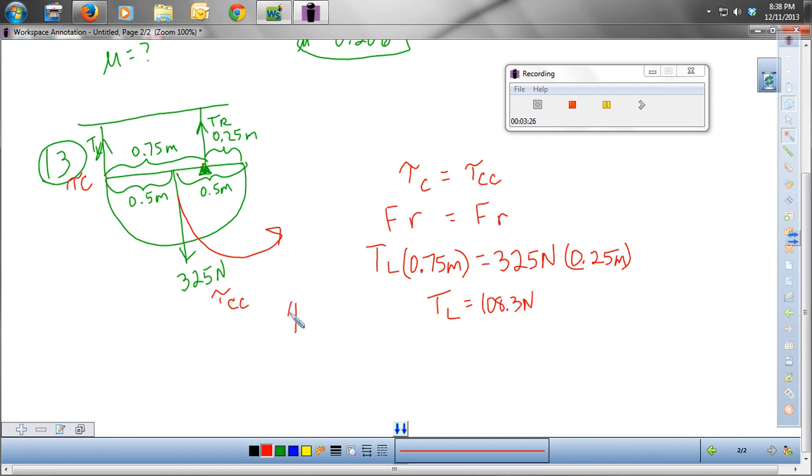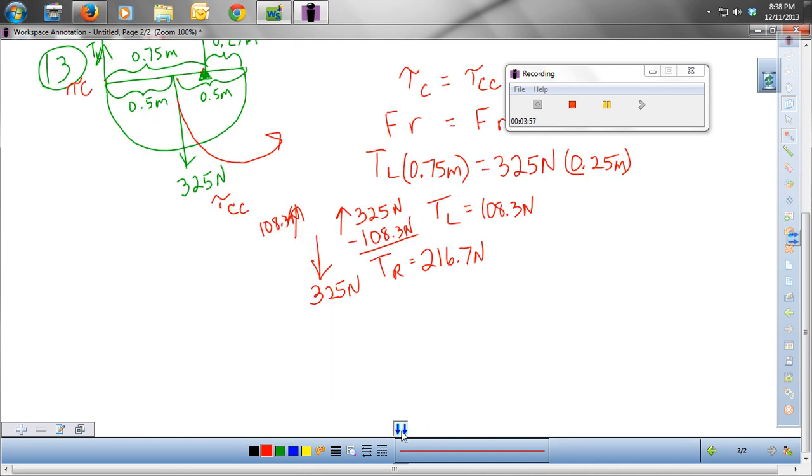Now, because it's in equilibrium, these two upward forces have to balance the downward force called the weight. So if this is 108.3 newtons, then this one's going to be 325 minus 108.3, and I got the tension on the right to be 216.7 newtons.